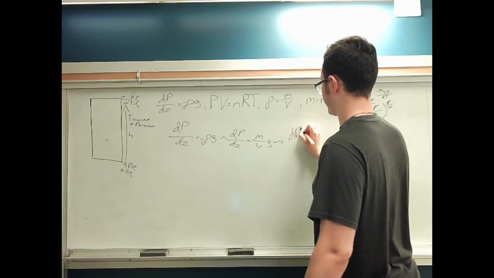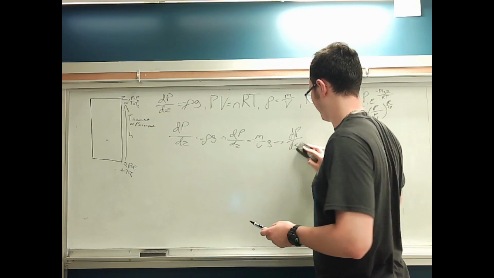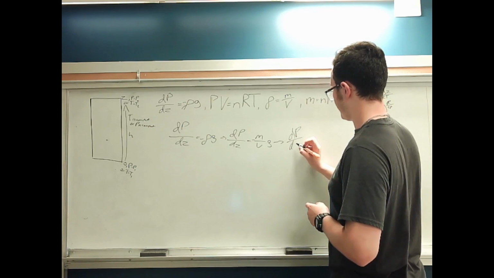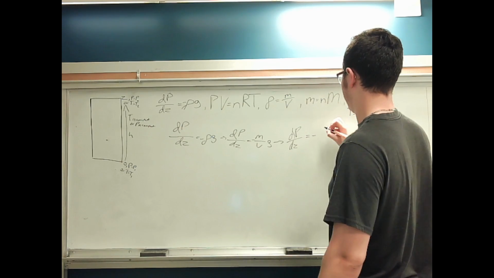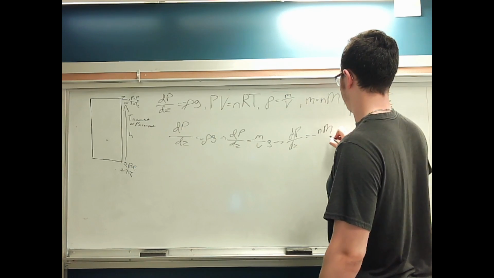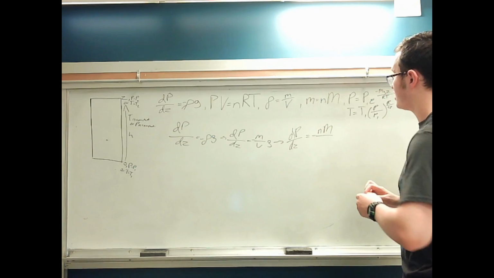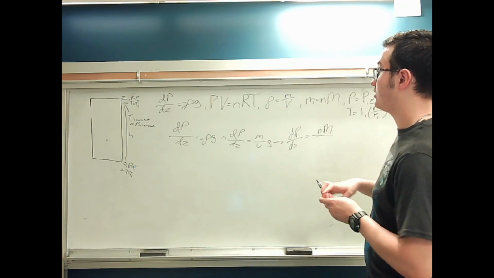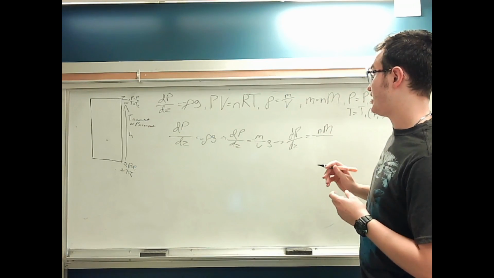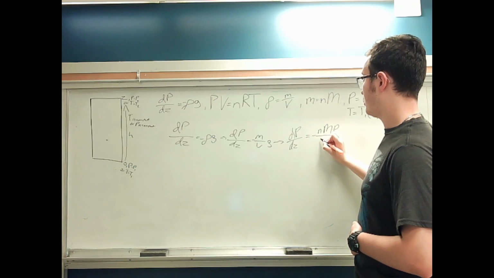Again, just taking this and moving it over, that's an S. Z is equal to negative N molar weight. V, we're going to make V equal to nRT over P, so P is up here.